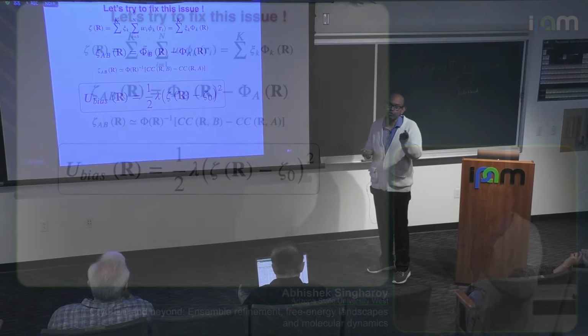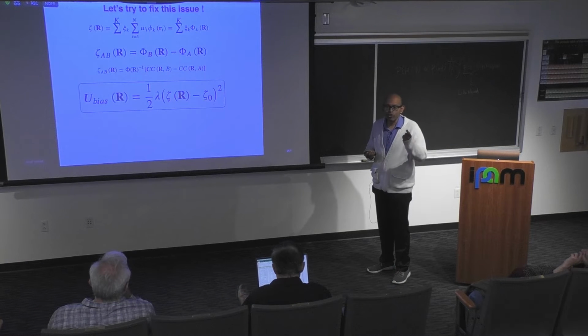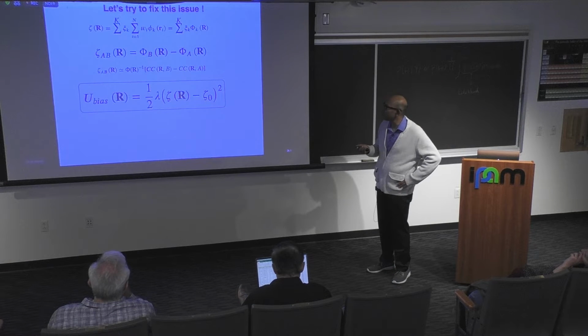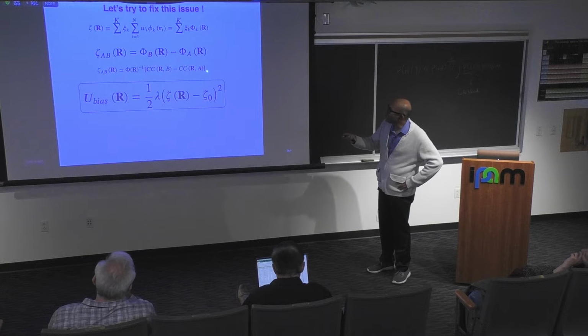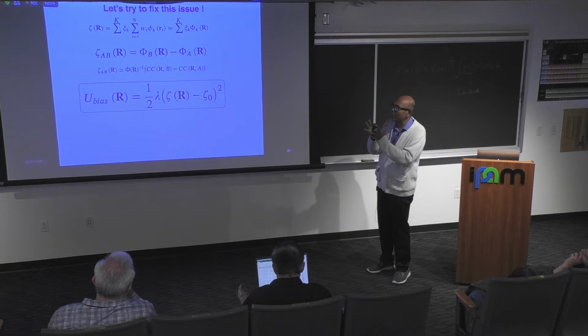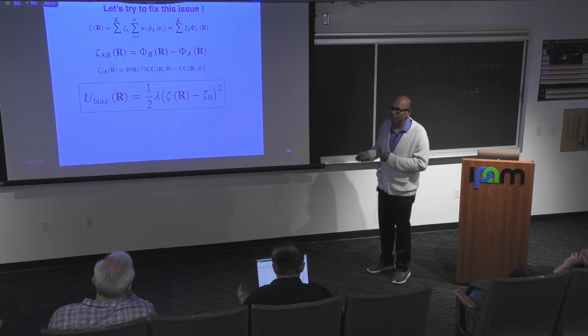Remember, I like making springs. I make force fields. So I can add one more spring to my calculation, which is nothing but this density, exactly. So I'm converting my density difference into a spring constant, essentially a potential function.